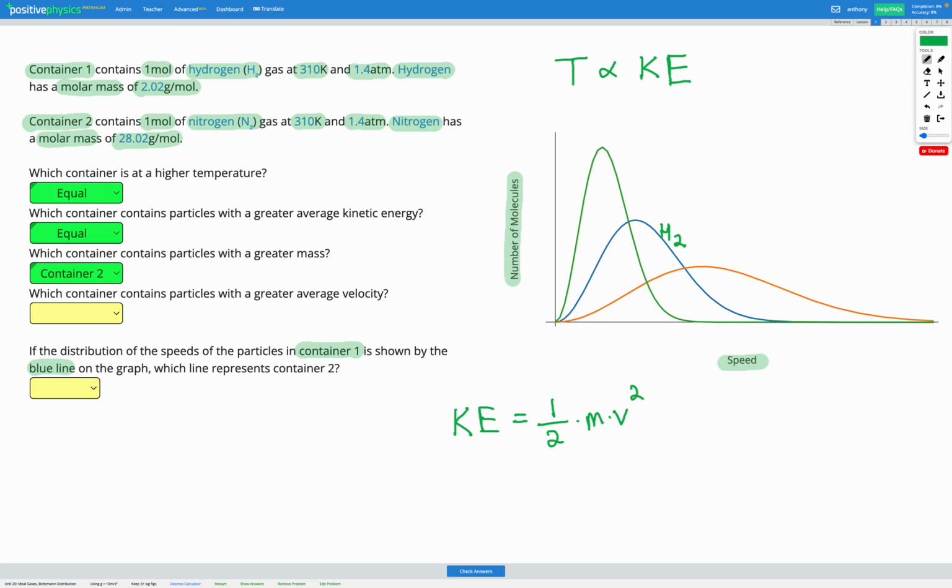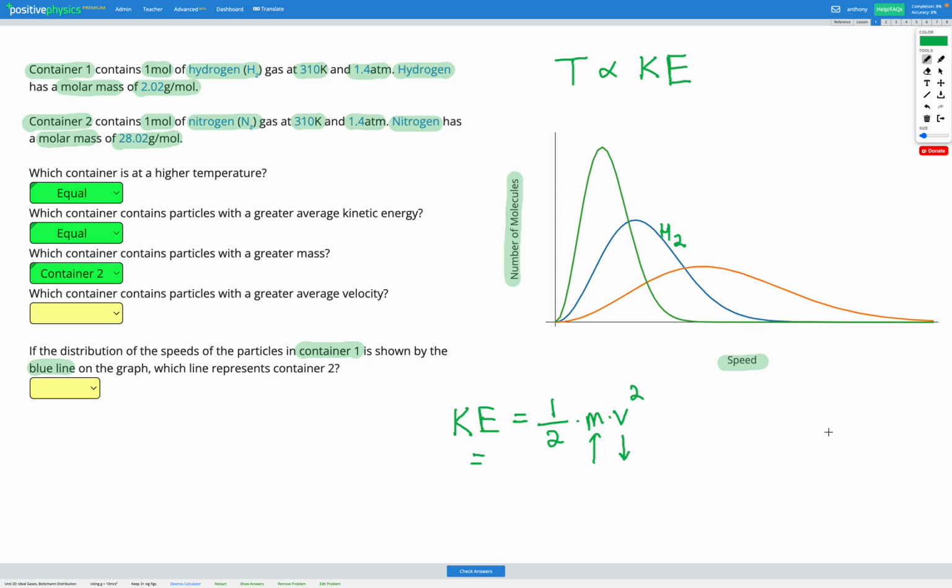Now we know the kinetic energy is equal for container 1 and container 2, but we know that container 2 has a greater mass of particles. So if container 2 has a greater mass but equal kinetic energy, the particles must have a smaller or slower velocity so that when we multiply them together, we still get the same kinetic energy.